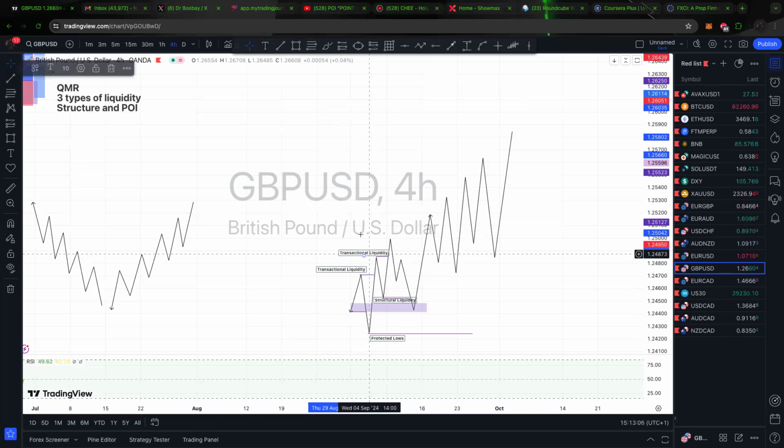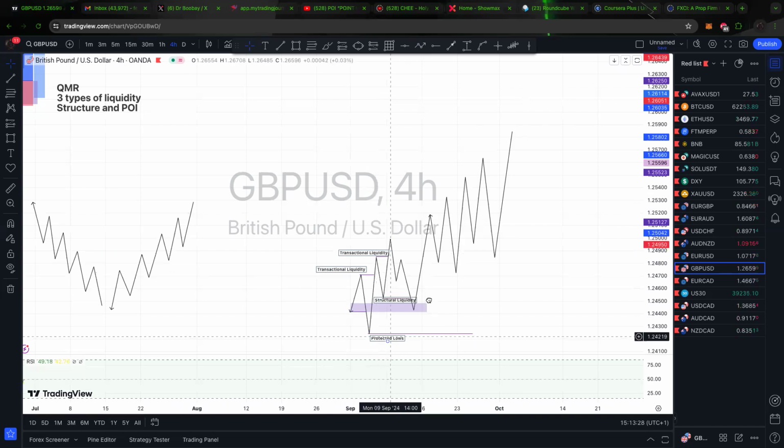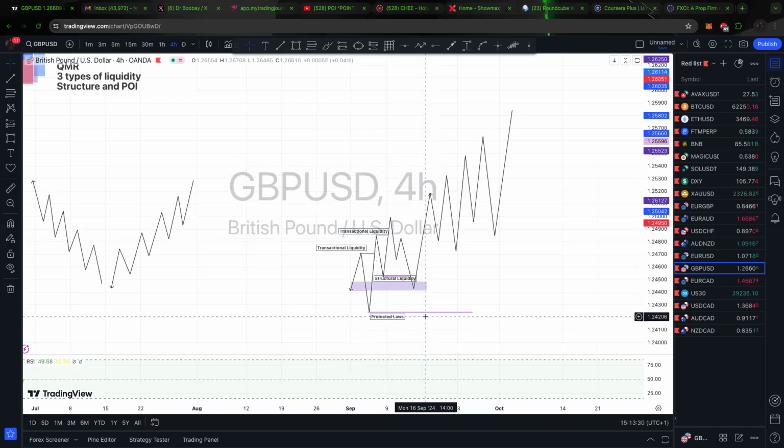To be careful, I always say, let all these things play out before you do anything else. So once our structural liquidity has formed and a new transactional liquidity has been taken out, then we have our protected lows. You can put your stop loss below that one, knowing fully well that price should not get there.